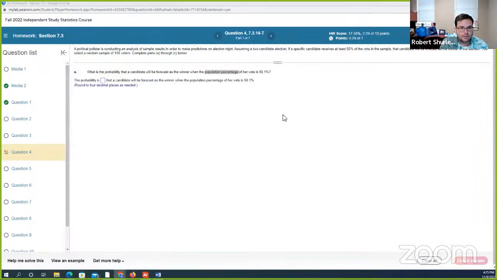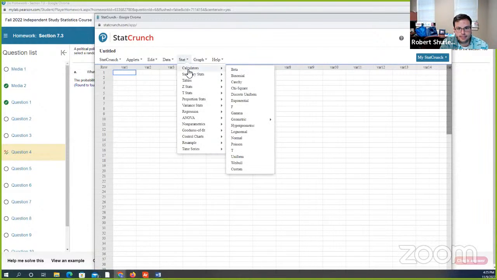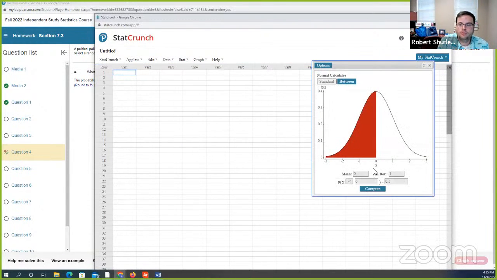So it says, what is the probability the candidate will be forecast to be the winner? Oh, it says at least 55%. So when we go into StatCrunch, that's going to be important. We are going to go to Stat, Calculators, Normal.